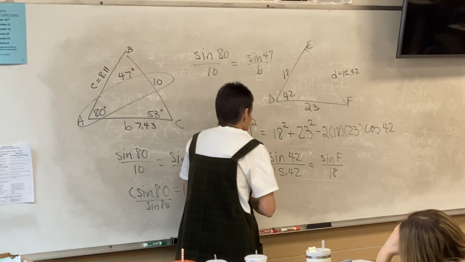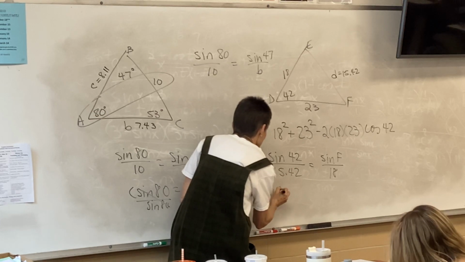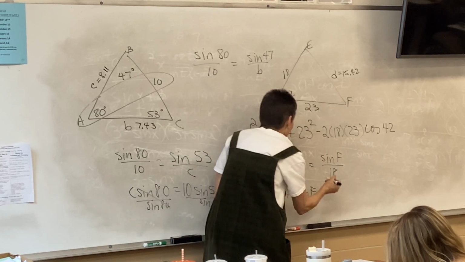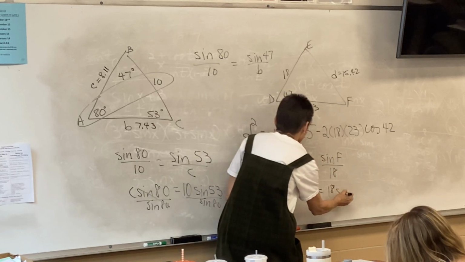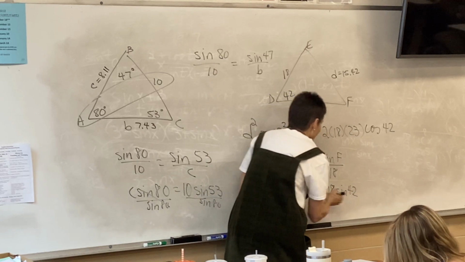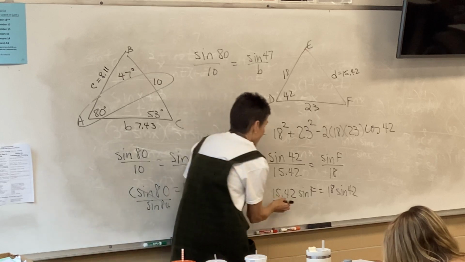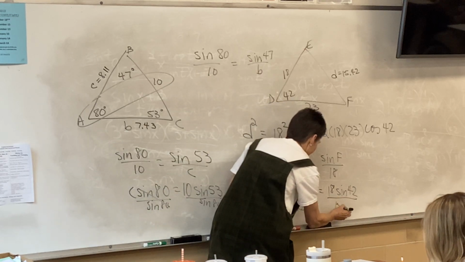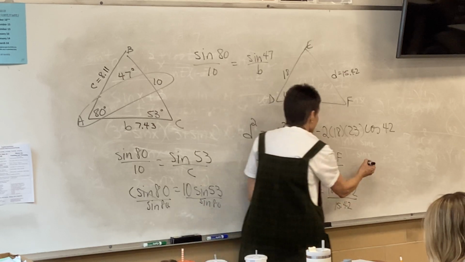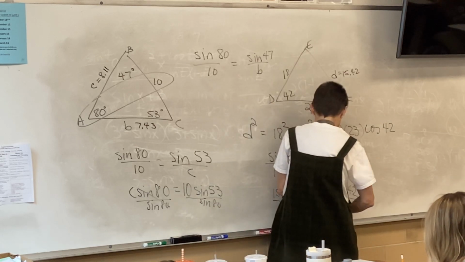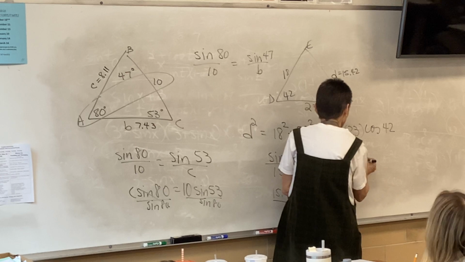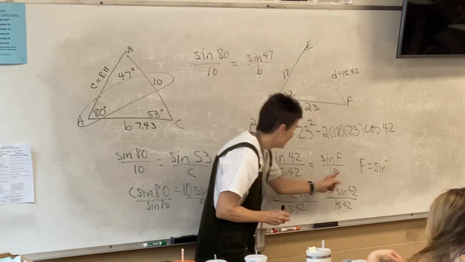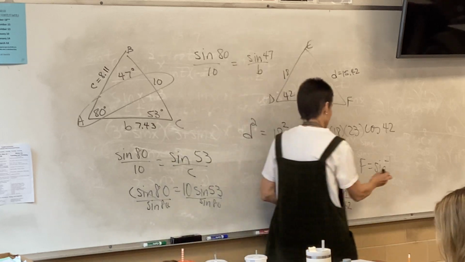Now, because I'm solving for an angle, this time when I type it in, aren't I going to have to do something special? It's going to be second sine. So angle F is going to be second sine of this big fraction.